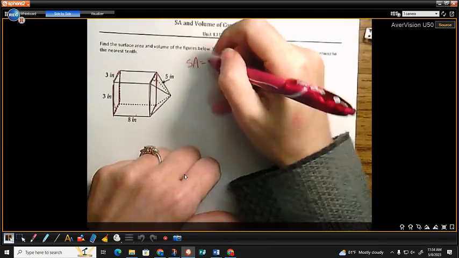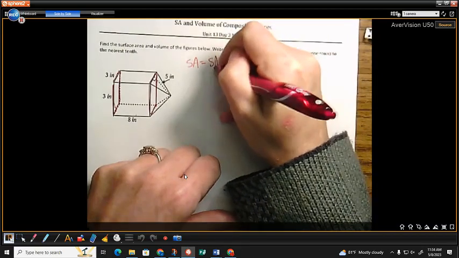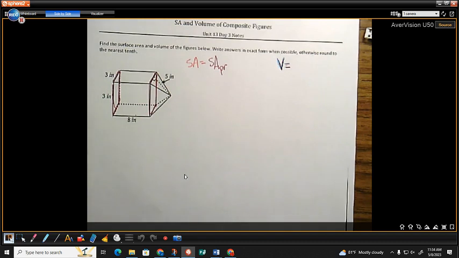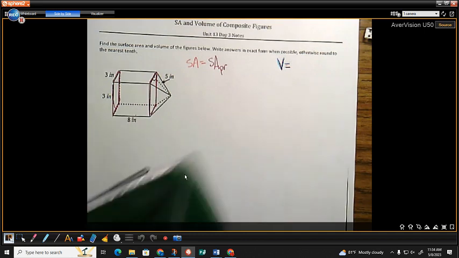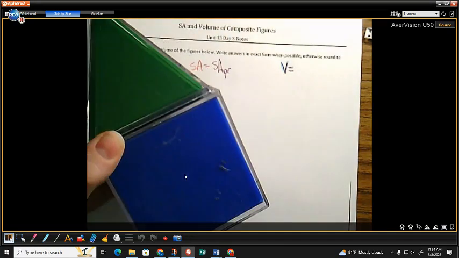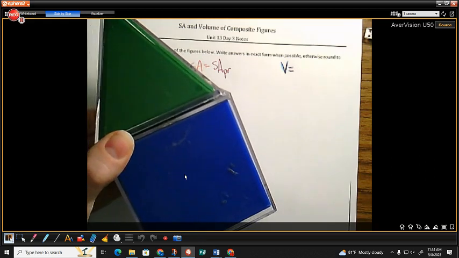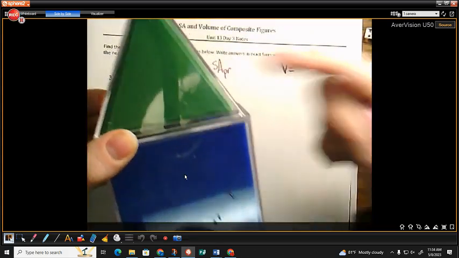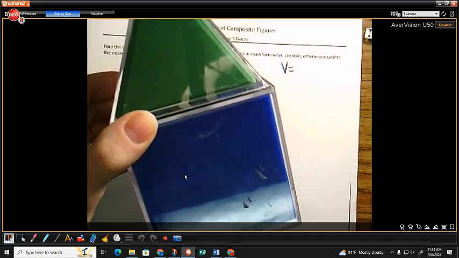Okay? So I'm going to be finding the surface area of the prism. Oh, wait a second. If I'm finding surface area, doesn't it have to be the surfaces that are showing? And if this is your shape, is every surface on that prism on the surface anymore? They're not, because isn't the pyramid covering up one of the surfaces?